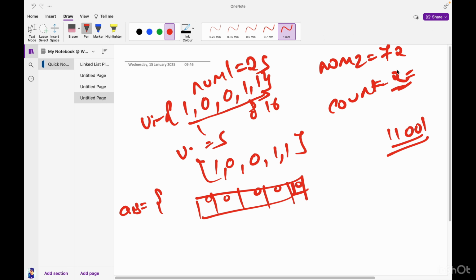Okay, now the count is decreased. Now count is not equal to 0. We have to find the MSB, which is 1. Okay, so here also we mark 1. Now the count equals 0. So the answer is 16 plus 8, 24.